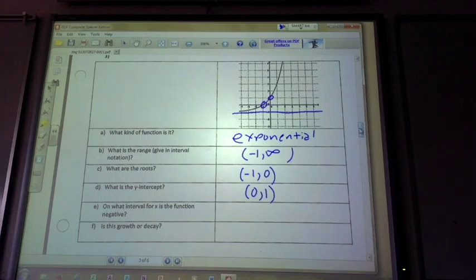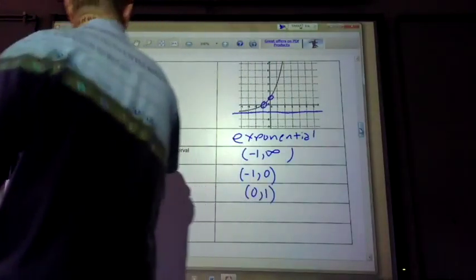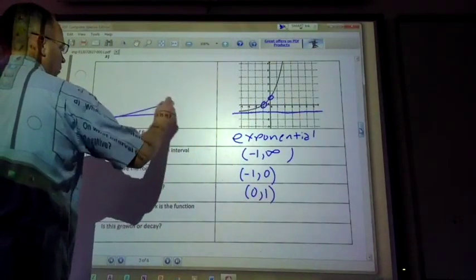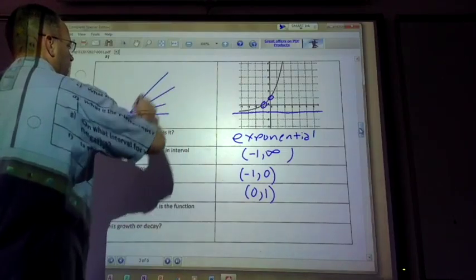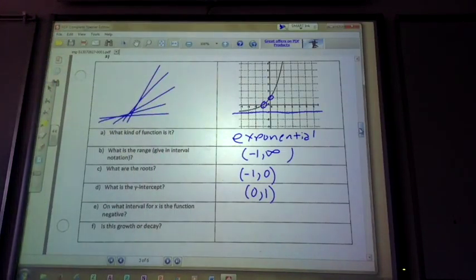Okay? On what interval is the function negative? So remember, this line was generated basically by an infinite amount of these types of lines. So are they all positive, all negative, or none?